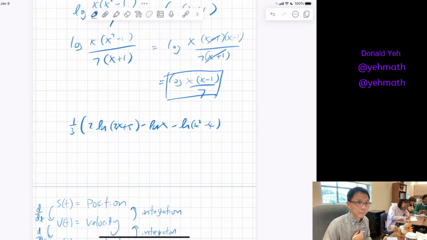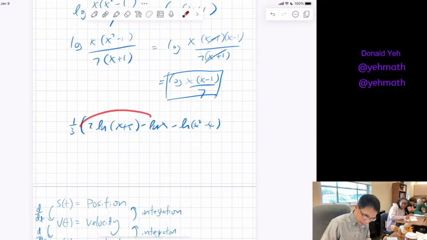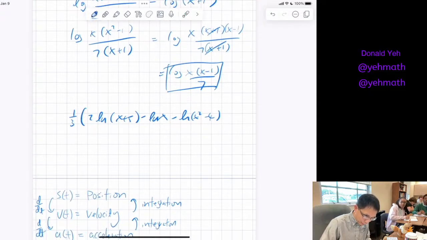It's x plus 5, right? Okay. So now I will combine these two first. Well, first of all, I will make sure that it's going to be natural log of x plus 5 squared before I combine.